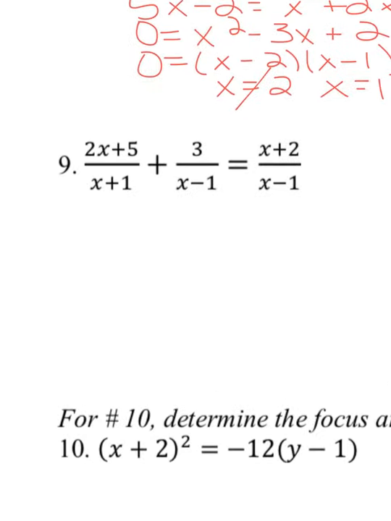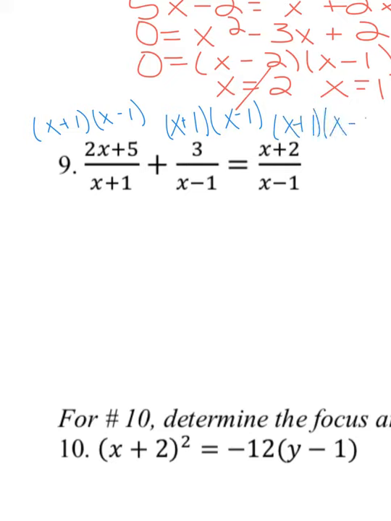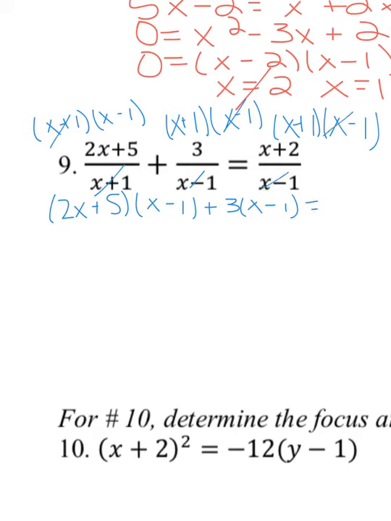For number 9, my LCD would be x plus 1 times x minus 1. This one's a little bit tougher. I'm sure you'll see why in a second. So the x plus 1's cancel. I have 2x plus 5 times x minus 1. So this is why it's tougher, because you have to double distribute. Plus x minus 1's cancel, so I have 3 times x minus 1 equals, x minus 1's cancel, I have x plus 2 times x plus 1.